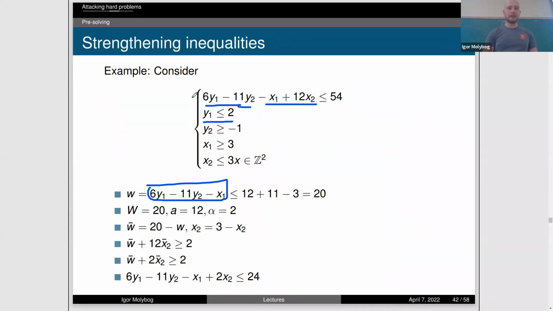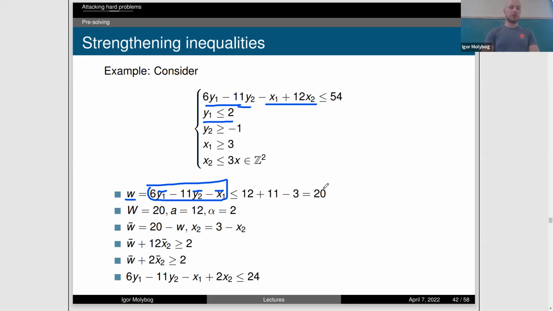And in fact, since our Y1 is upper bounded and Y2 is... like will be obtained if we were to substitute the upper bound instead of Y1, the lower bounds instead of Y2 and X1.